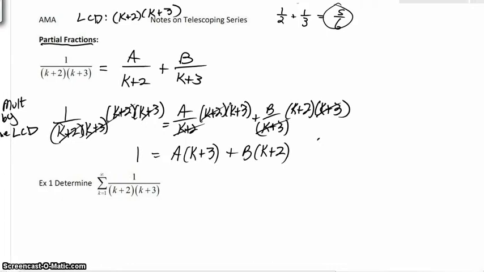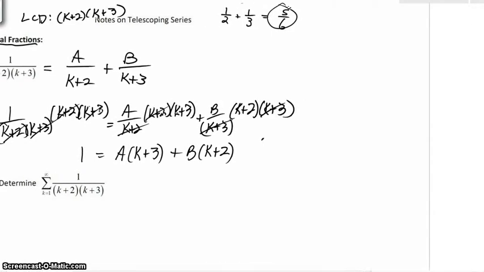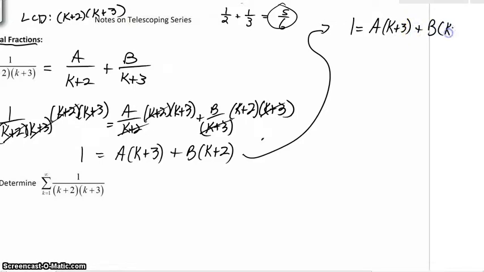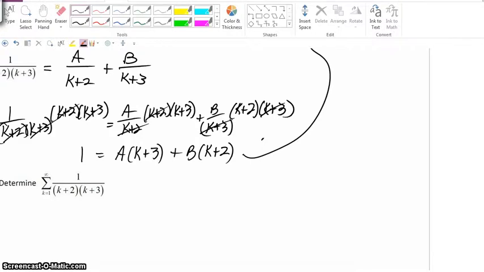Now, I guess what I want to do right now is maybe move this over just a little bit and get us a little bit of space. See, right now this maybe doesn't look quite as helpful. I'd ultimately like to know what my a and my b are.